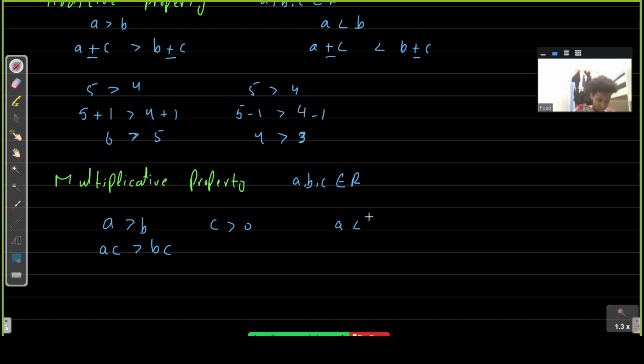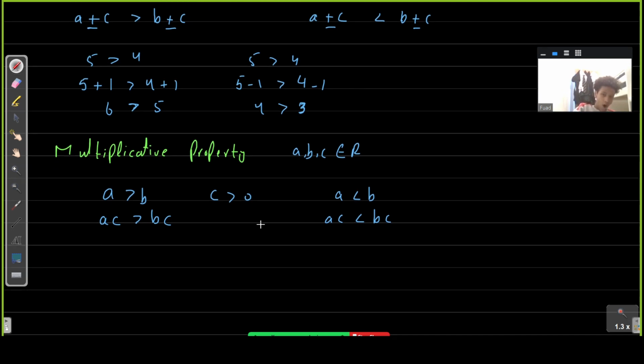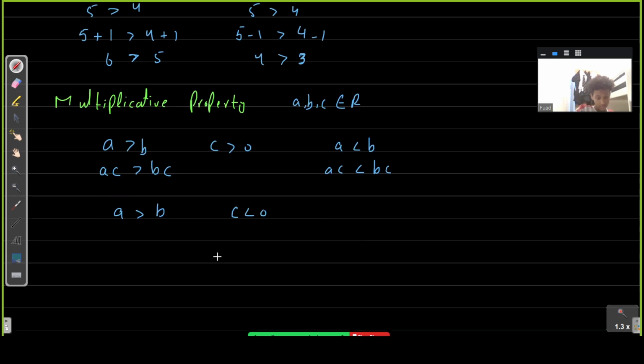Also, a is less than b. If I multiply a positive number on both sides, the inequality will remain the same. But what if we multiply by a negative number on both sides? Then it will not remain the same. For instance, c is less than 0. If I multiply by c, the greater number will become the lesser.